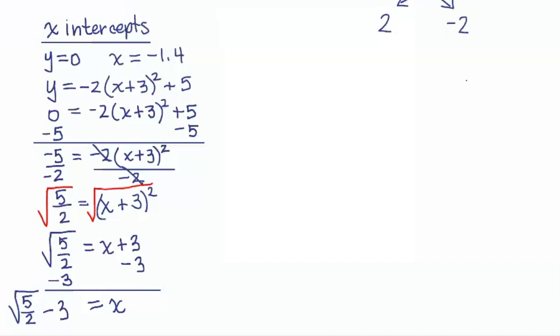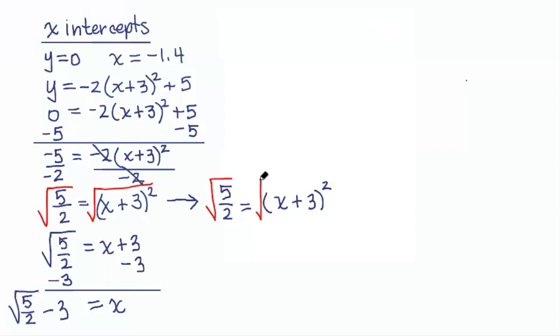So how does that impact my work? Well, at this stage, I would branch off and form a second equation. So once again, I'm going to take the square root on both sides, but this time I need to consider the negative root.